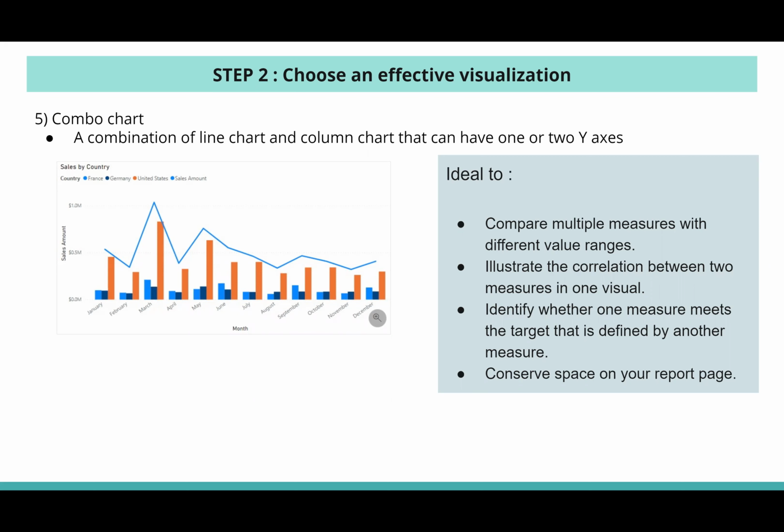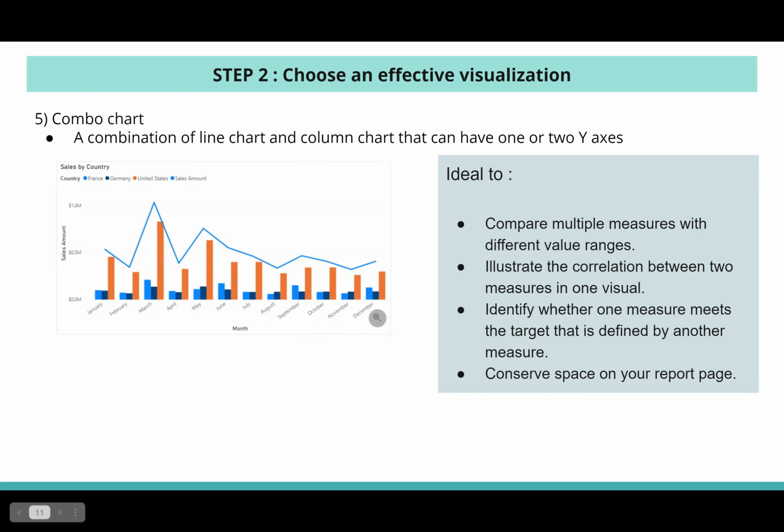This would illustrate the correlation between two measures in one visual. It also conserves space on your report page, rather than putting a different visual, one pane for the line chart and another for the target and achievement. You could put them on the same board, on the same tile, and it could make your analysis easier.